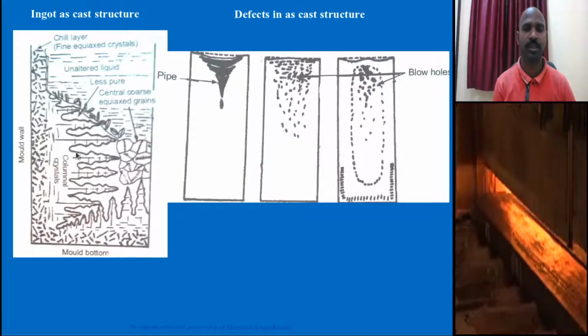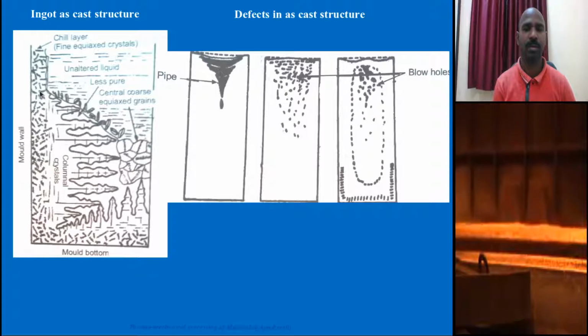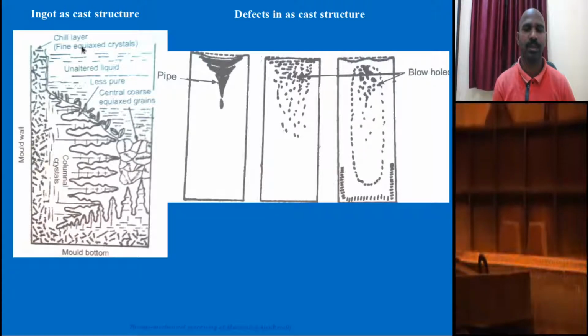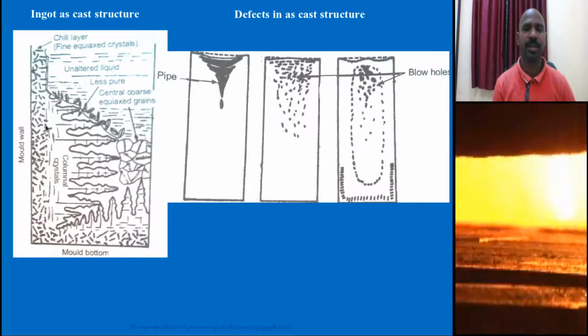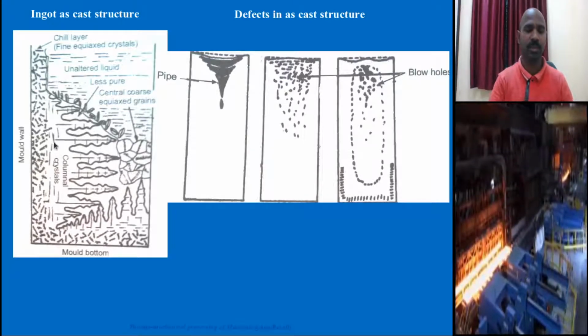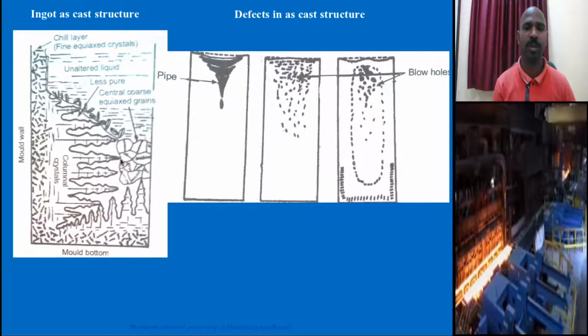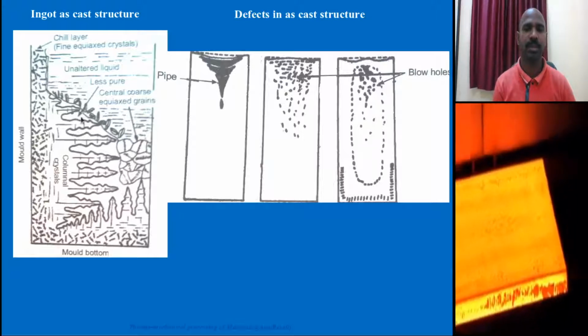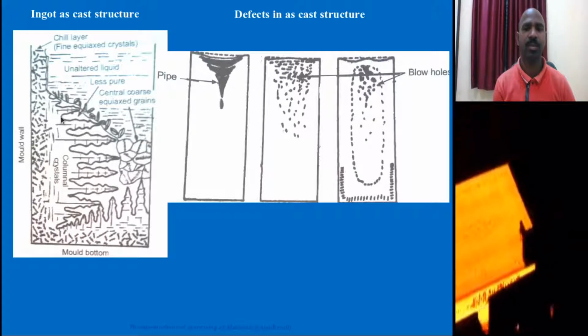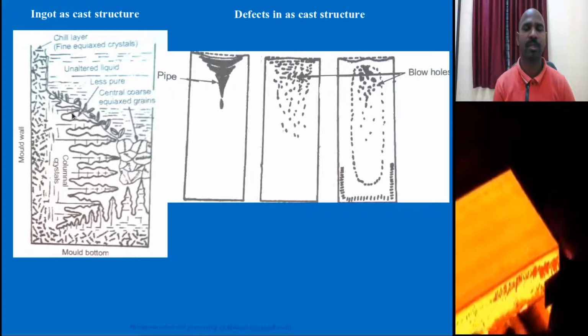And you see inside this, near the mold wall, there will be fine equiaxed grains or crystals. And you will see at the center of this mold, equiaxed grains. And in between wall and center, you will see the dendrites. This is a main arm, just like a tree having a trunk and branches.